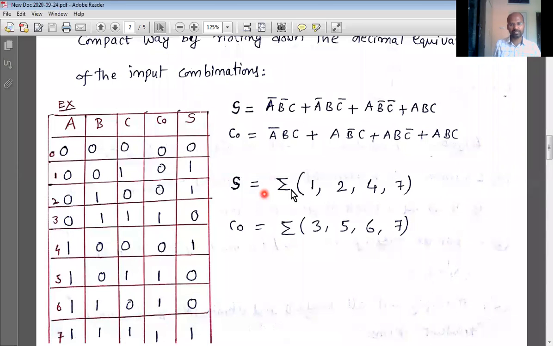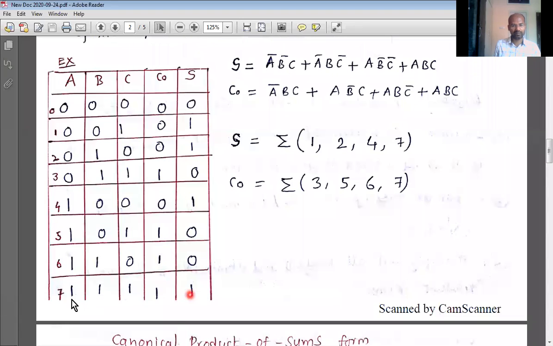So S equal to summation, A bar B bar C corresponds to the combination 0, 0, 1, whose decimal equivalent is 1. So this represents 1. The next one corresponds to the combination whose decimal equivalent is 2. So this represents 2. The next one has decimal equivalent 4. So this one is 4.